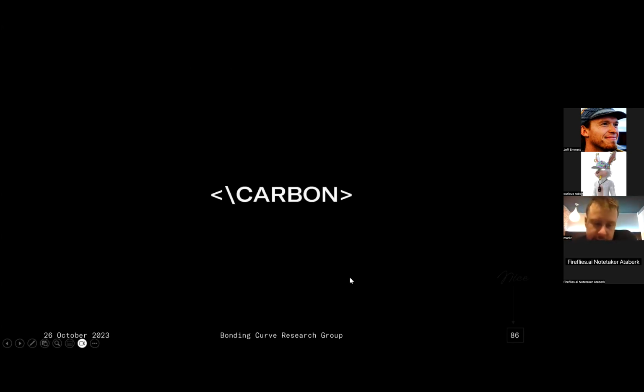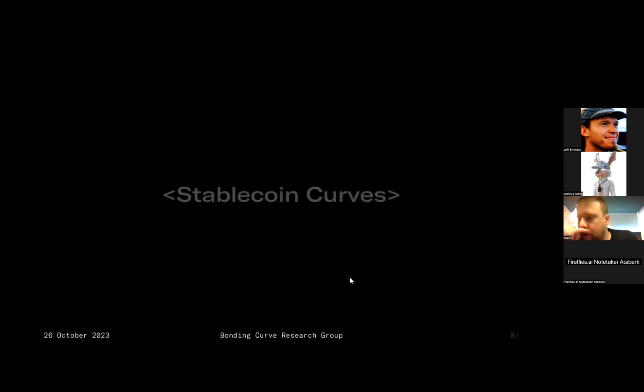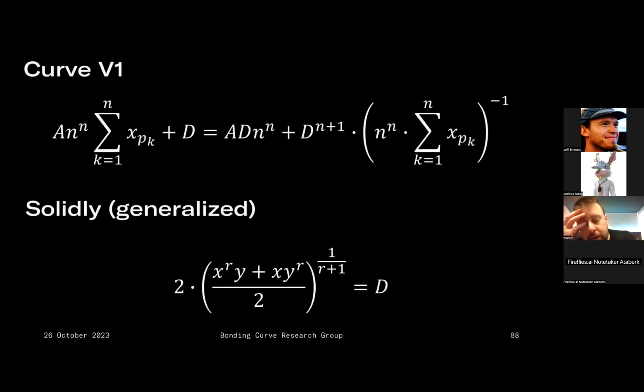Okay, that's the end of Carbon, but not of the lecture. As promised, I do want to go over the stablecoin curves, and I have prepared a bunch of different Desmos graphing calculator exercises, or demonstrations, I should say.